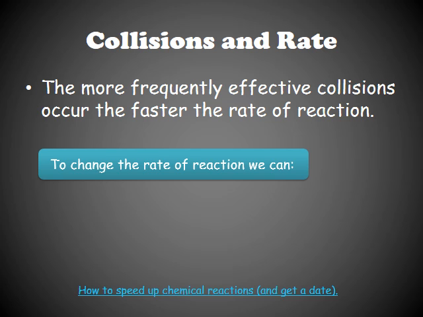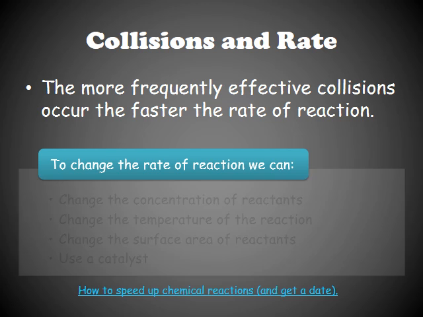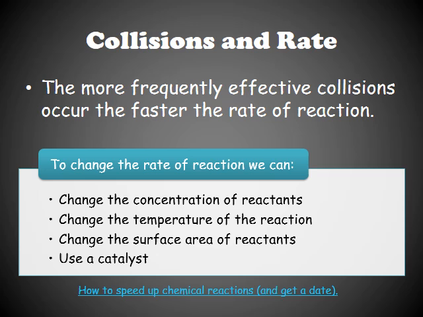So to change this rate of reaction, we can do several things. We can change the concentration of reactants, so there's more probability that reactants will collide with each other, and also with the correct energy and orientation. We can change the temperature of the reaction, so you're giving energy to the reactants, so the activation energy is met, and the collisions occur with the right amount of energy to allow conversion to product.